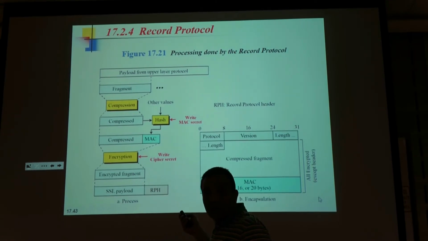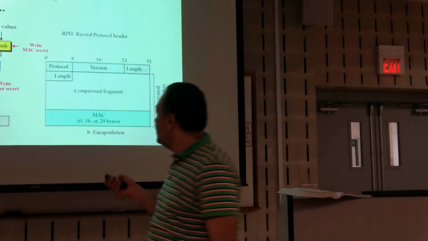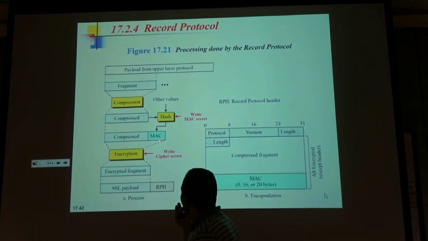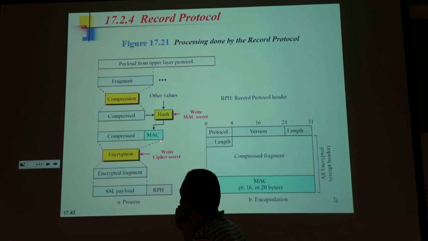It's a digest, but a digest generated by a key, so it's a keyed digest. So we have the compressed data with the MAC. Then you do encryption for everything, and then you send it.